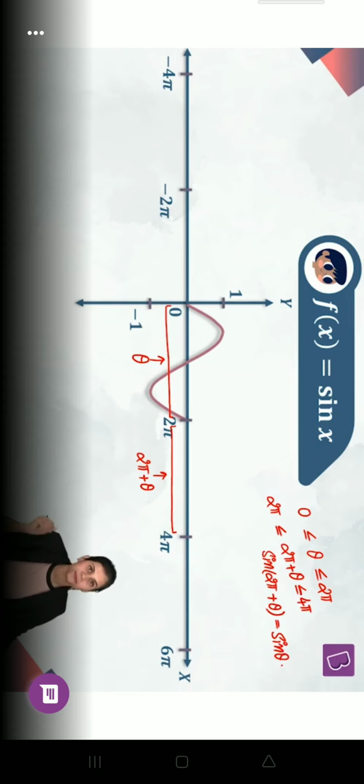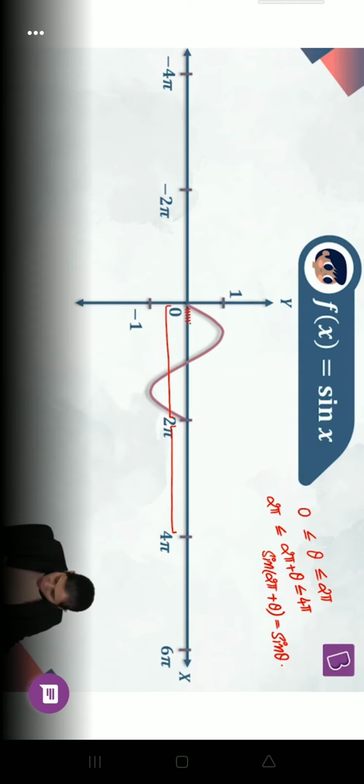That means whatever is the behavior of the sine function in the interval 0 to 2 pi, the exact same photocopy will be the behavior of the sine function in 2 pi to 4 pi. That is why the graph of the sine function in the interval 0 to 2 pi and 2 pi to 4 pi is exactly the same, as you can see.